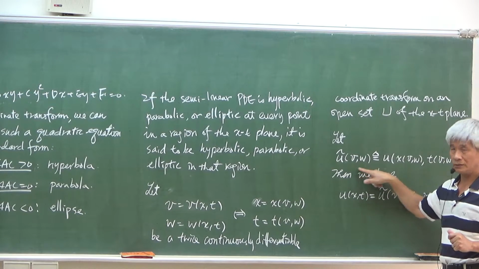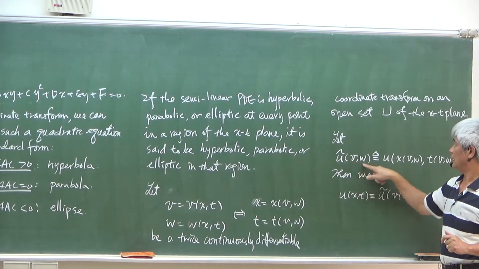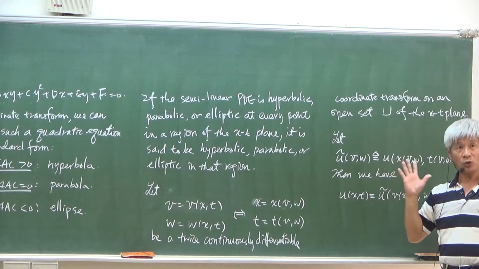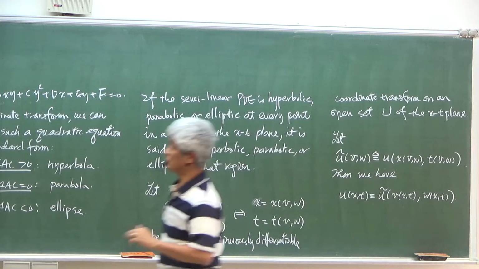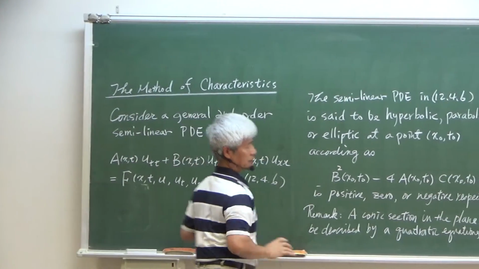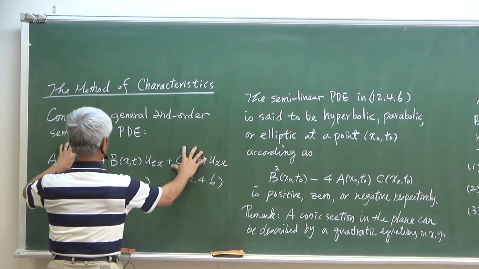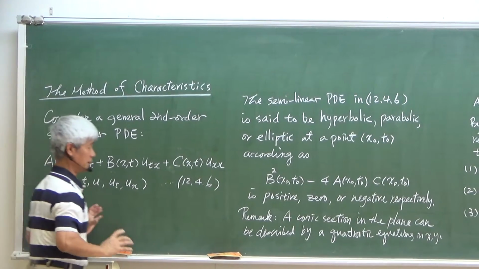So we will find the new coordinate system with v and w. And our goal is to eliminate the two coefficients here. This is our goal.